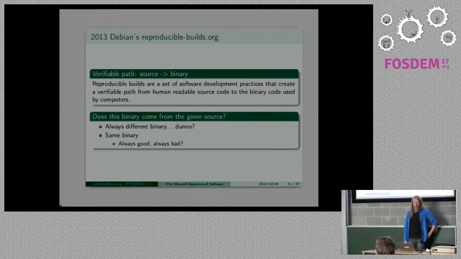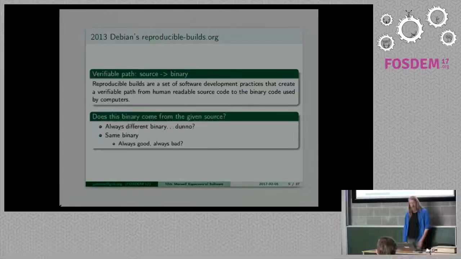A lot of things happened, but in 2013, before I knew about it, Debian started the reproducible builds, or repro builds, project. It didn't have that website, but the idea was, well, all software is free, but how do I know that the binary that I run actually was produced from the source that is free?